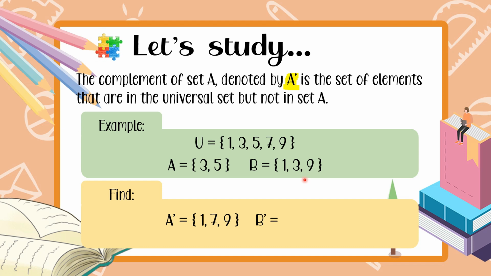Ano-ano yung mga elements na nakay set U or universal set na wala kay set B? So, we have 5 and 7. Therefore, B prime is 5 and 7. So, pag magsusulat ng complement, ganun pa rin. May open and close braces and meron ding commas na naghihiwalay doon sa ating mga elements.